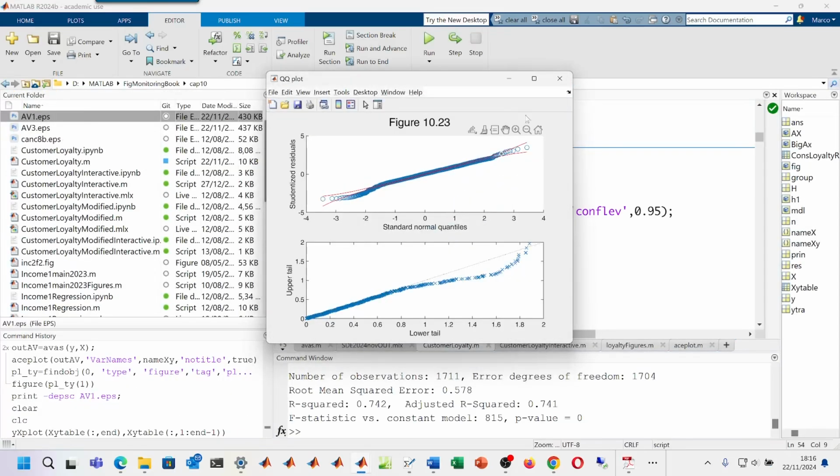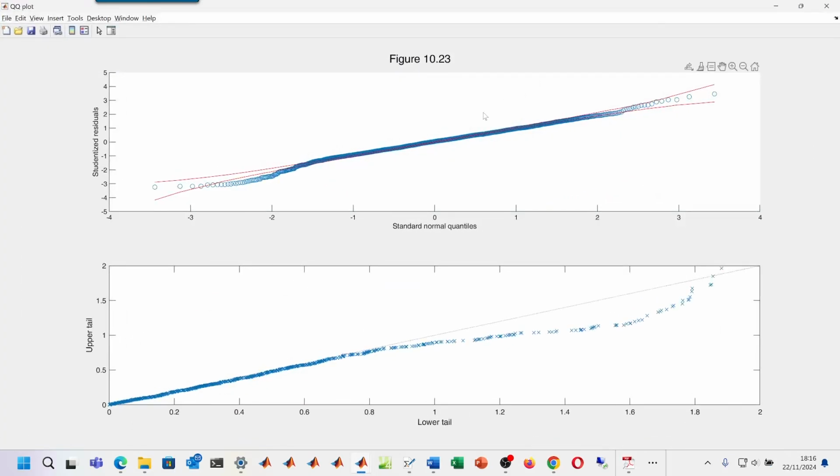We start with the QQ plot of residuals. What we notice is that there are too many negative residuals. See how the curve there goes outside the simulation endpoints. And in the lower panel, we make use of what is called a symmetry plot.